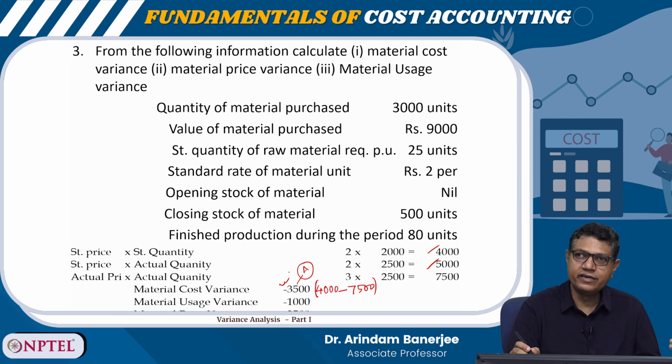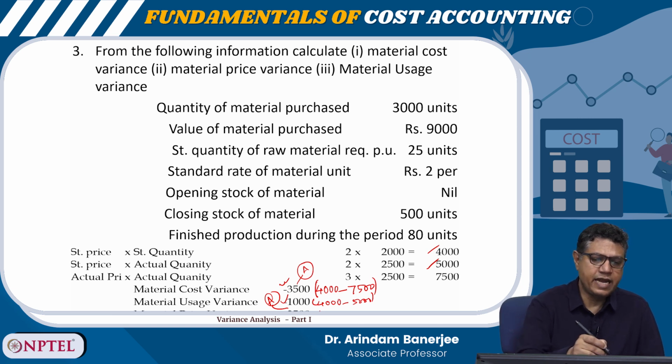And we can divide it into two parts: material usage variance and material price variance. So, material usage variance happens because of difference in usage, right. So, we can see here, 4000 minus 5000. So, it is 1000, again it is adverse, right. And material price variance happens because of difference in price, right.